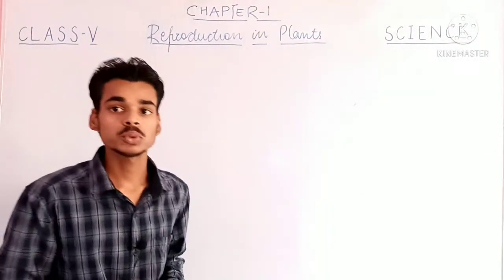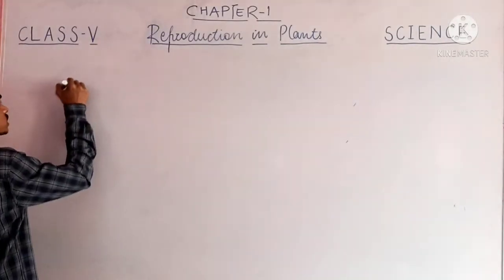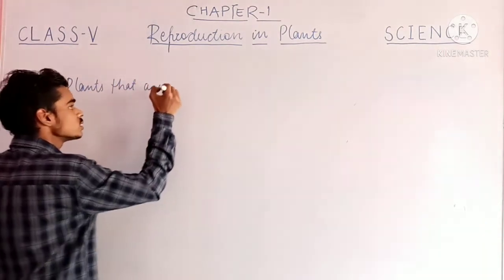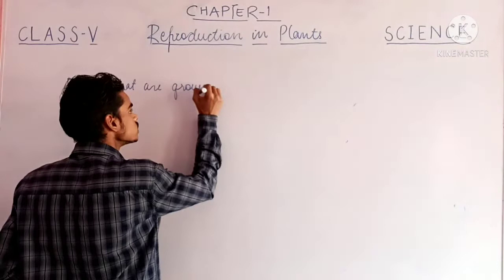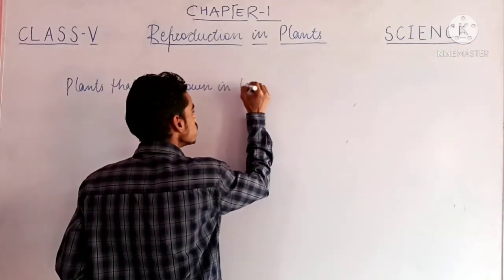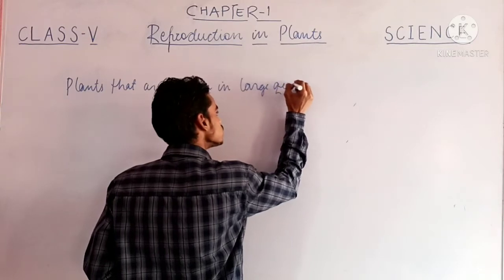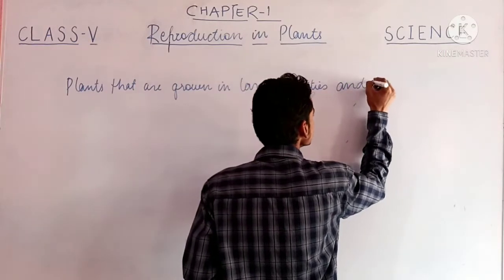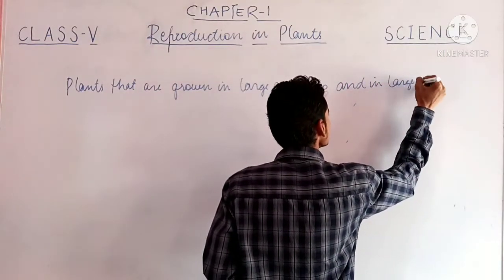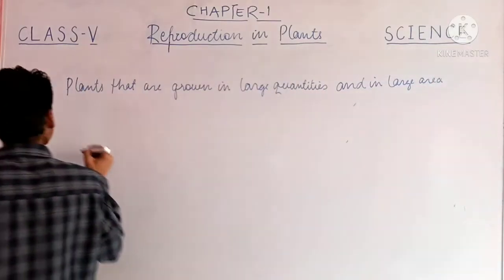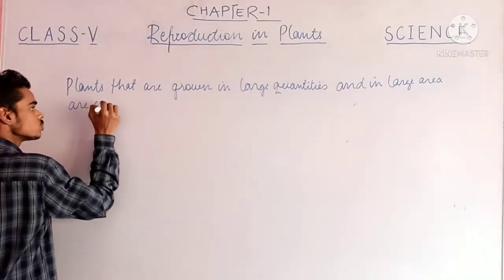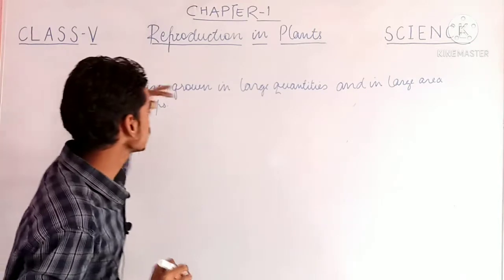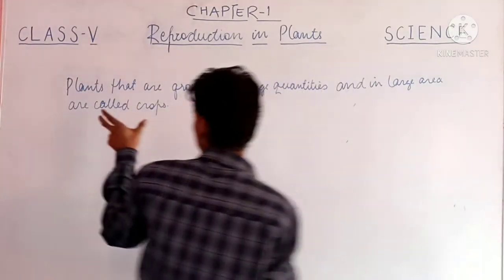So the next topic is crop. What is a crop? Plants that are grown in large quantities and in large areas are called crops.